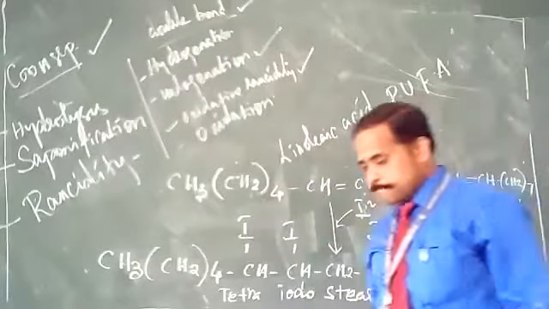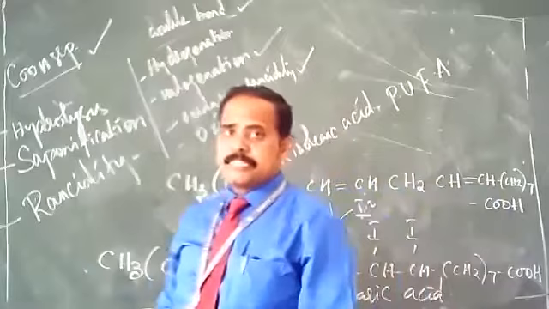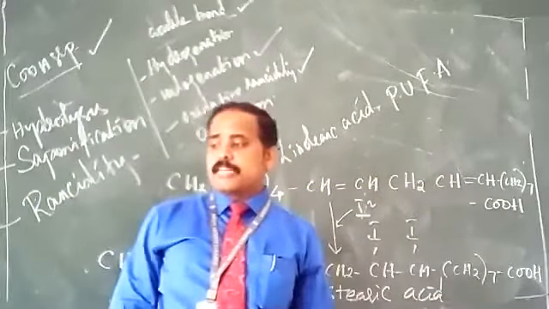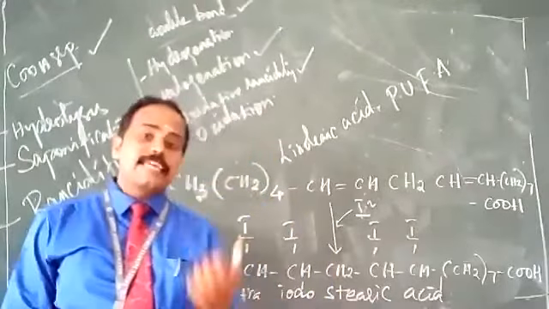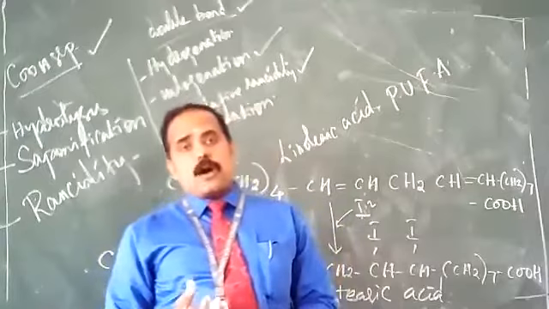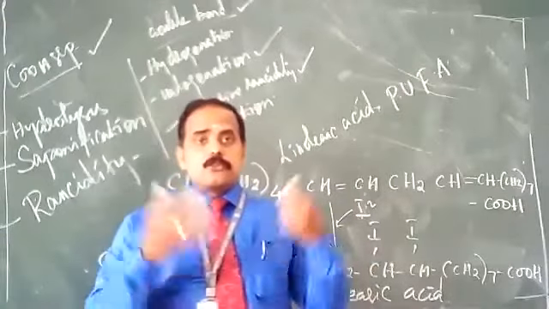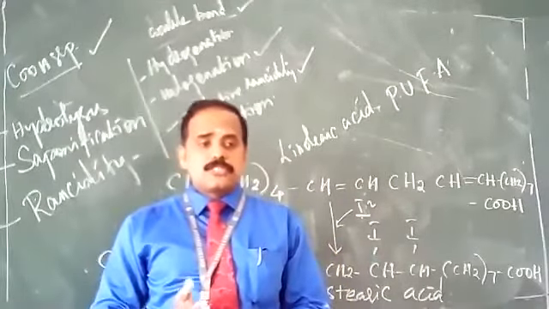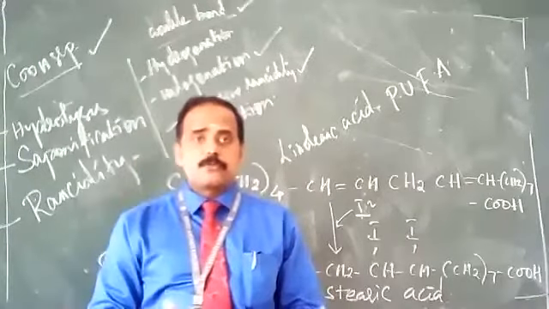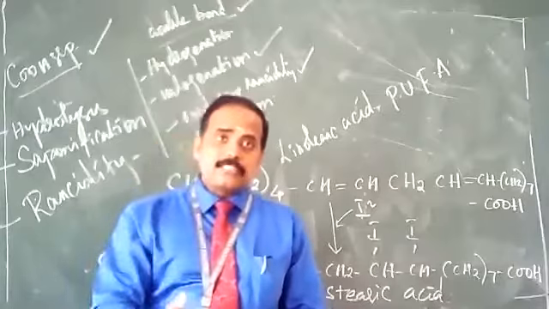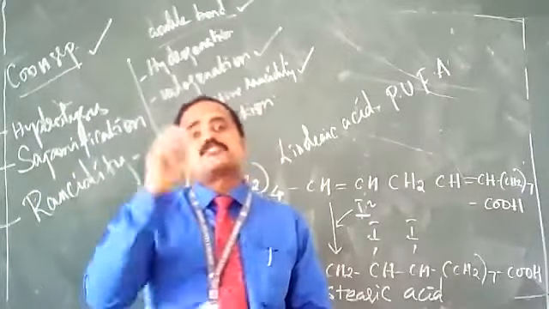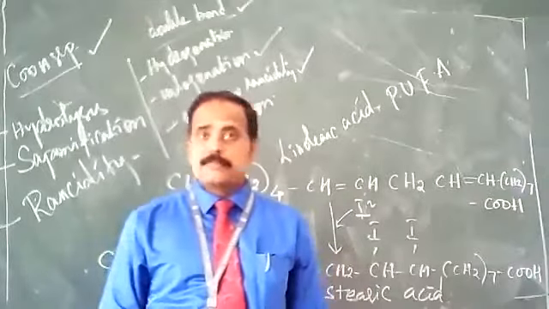Oxidative rancidity. What is oxidative rancidity? The previous one, the rancidity whatever we discussed, was hydrolytic rancidity. That is caused by growth of microorganisms. Due to the growth of microorganisms, the enzyme gets secreted by the respective microbes, so that it hydrolyzes the fats or lipids, and it becomes acidic.